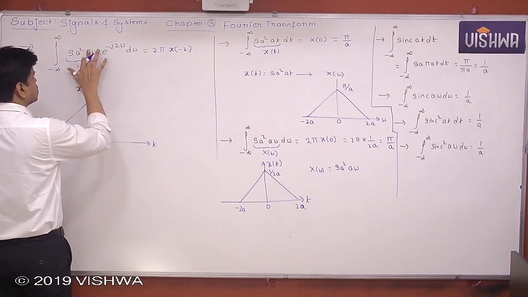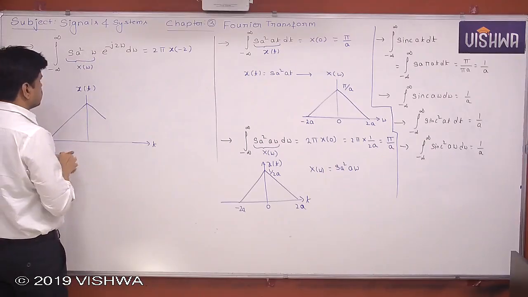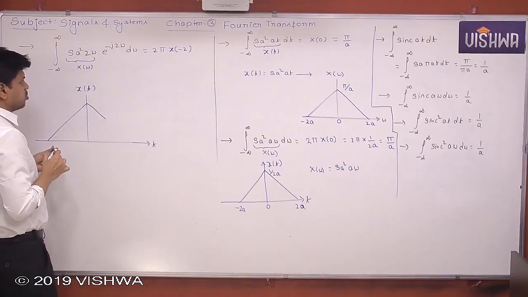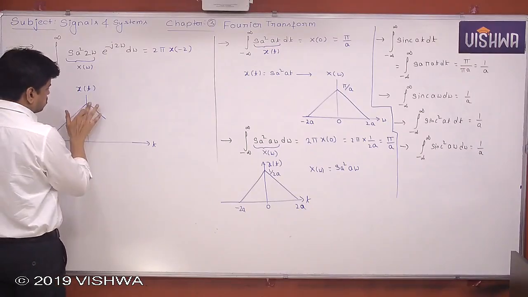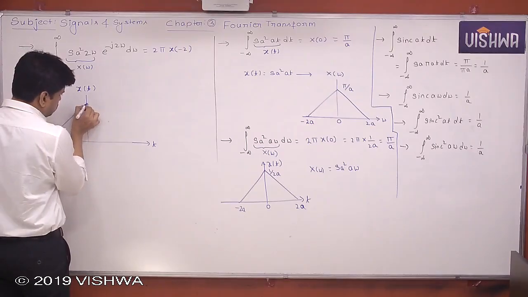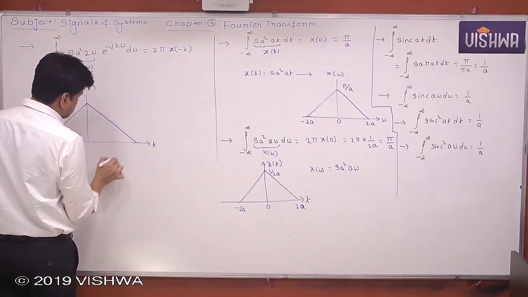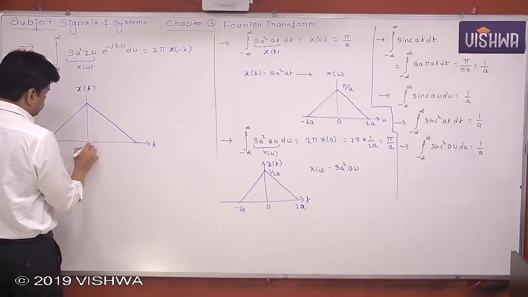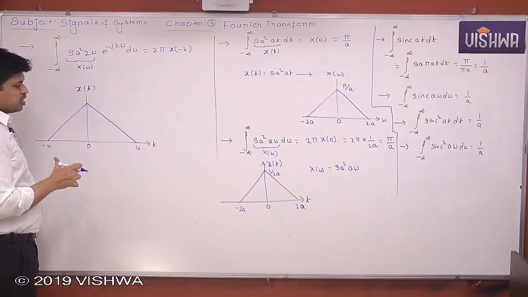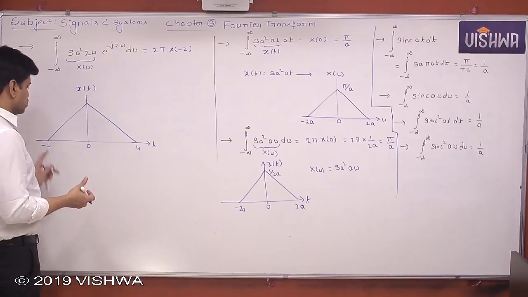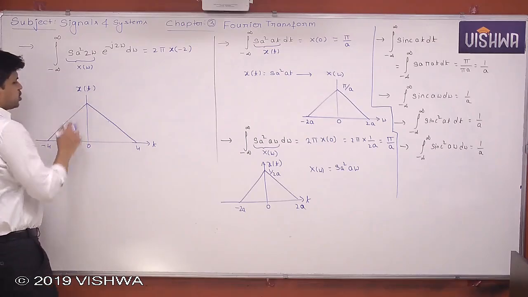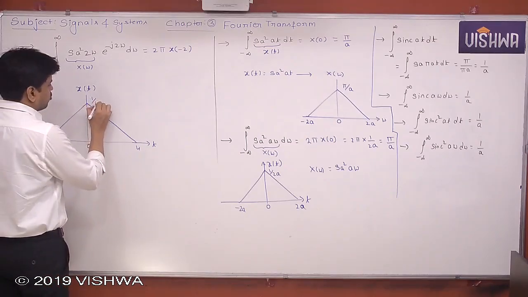Sorry, it is 2 omega, not a omega. Then it is from minus 4, 0, 4, because 2 indicates width by 4. Width is nothing but 8, so it exists from minus 4 to plus 4, and it must have area equal to 1, so it is 1 by 4.